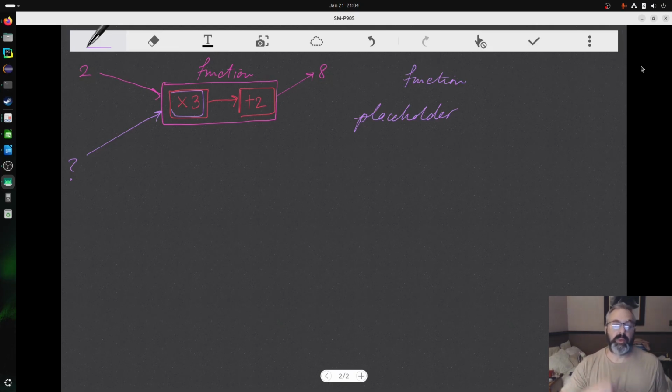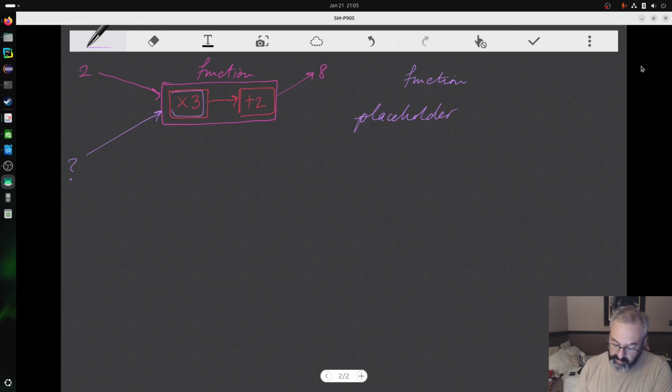But if we put a placeholder in it, it means we can at least carry on with our calculations. We don't have to stop and wait until we get the number. We can continue doing our work, and later on, when the number becomes known, then we can add it into our function, and that's going to give us the answers that we require. So we use a placeholder. And this is very, very important.